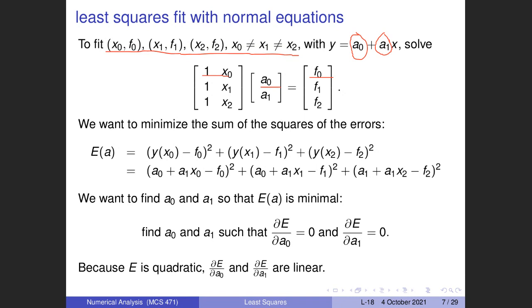So this is one quadratic form that we want to minimize by taking the derivatives. While this looks very cumbersome now, taking the derivatives of a quadratic leads to linear equations. So actually, the reason why this method works is that we are going to end up with a linear system.